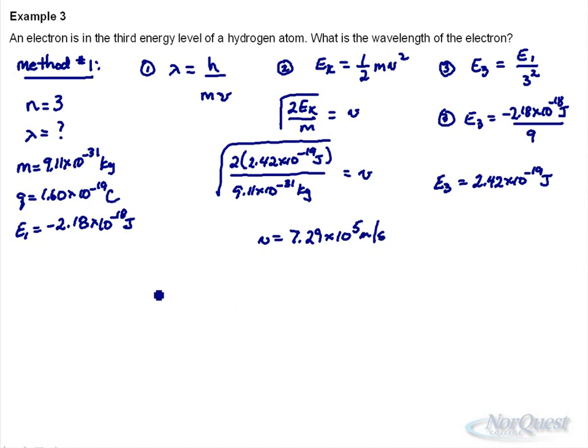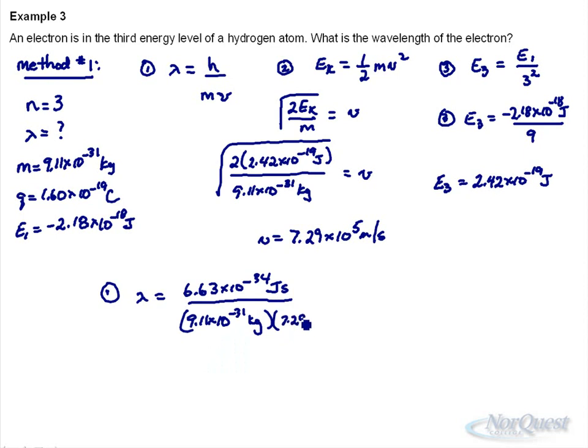Now I'll go to de Broglie's formula and determine the wavelength. 6.63 times 10 to the negative 34 joule seconds divided by 9.11 times 10 to the negative 31 kilograms times 7.29 times 10 to the 5.